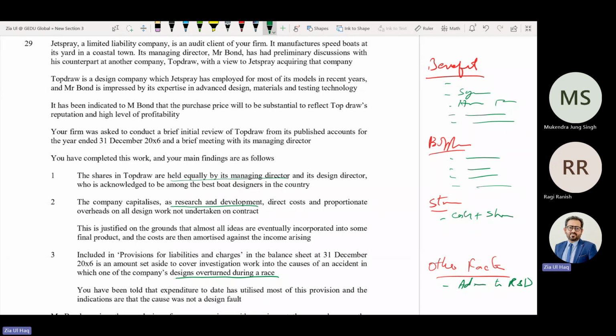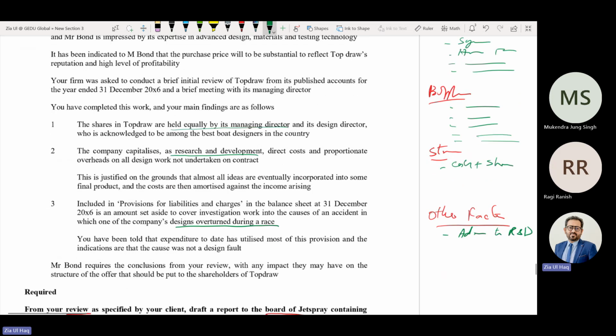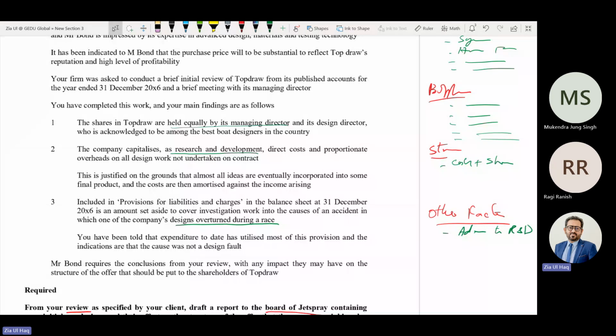If the company faces further design fault cases, who will be paying damages? This is another problem. You have been told that the expenditure to date has utilized most of this provision, and the indications are that the cause was not a design fault, but there is an issue. If you have created a provision, this means there are issues.